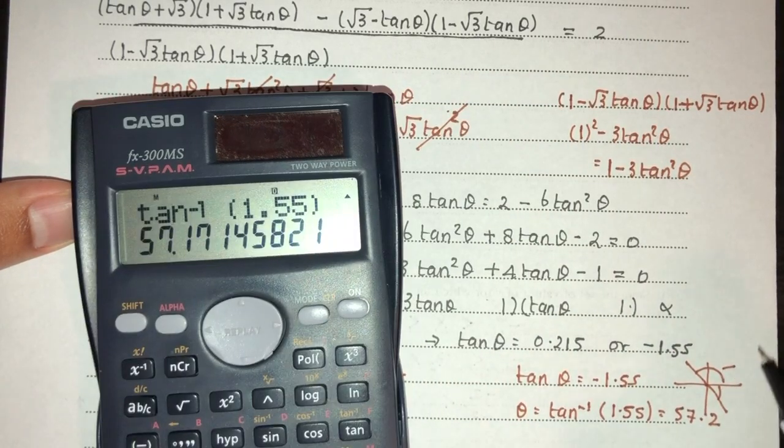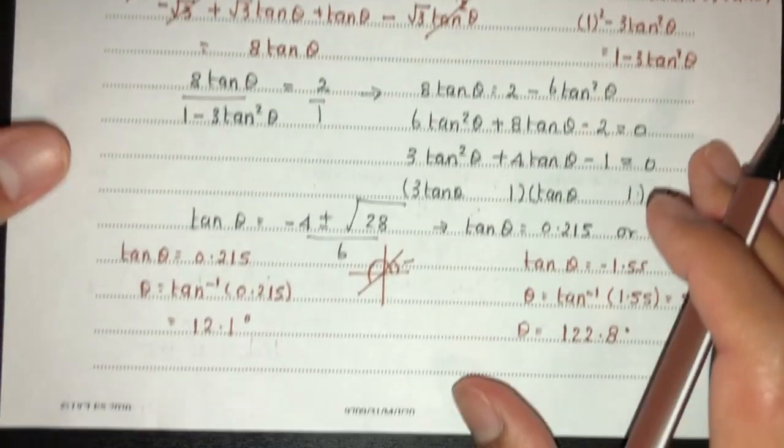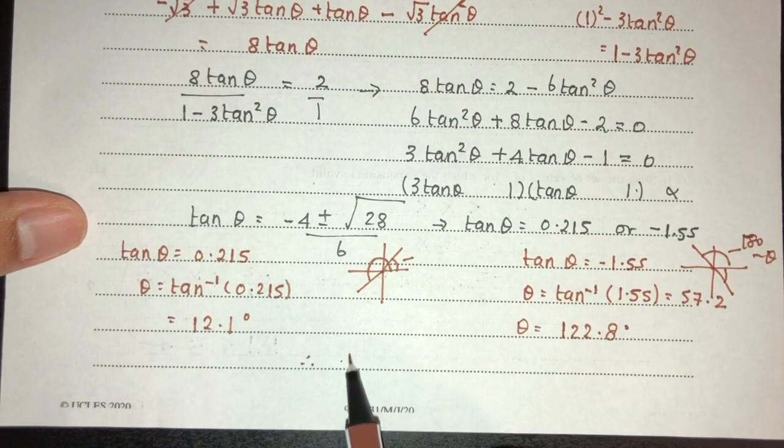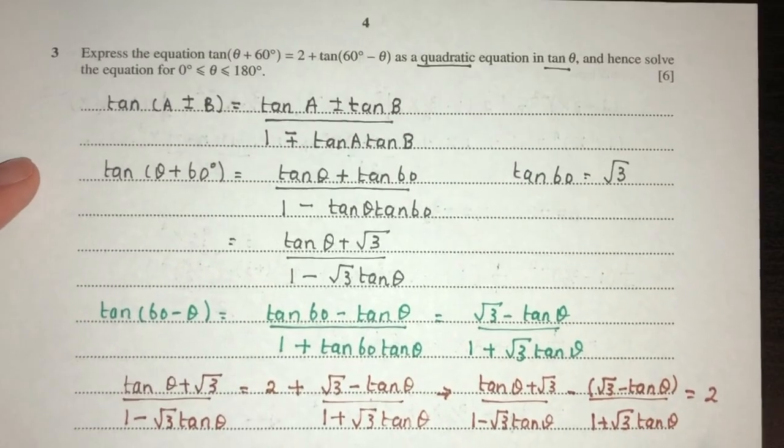But the value will be 180 minus theta. So your value should be 180 minus 57.2. That'll be 122.8 degrees. So your answer will be two values. One is 12.1 and 122.8 degrees. And that will be your question number 3.